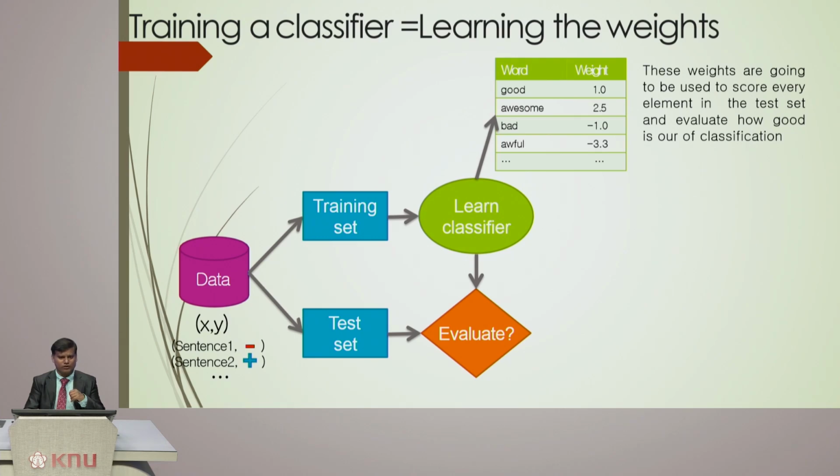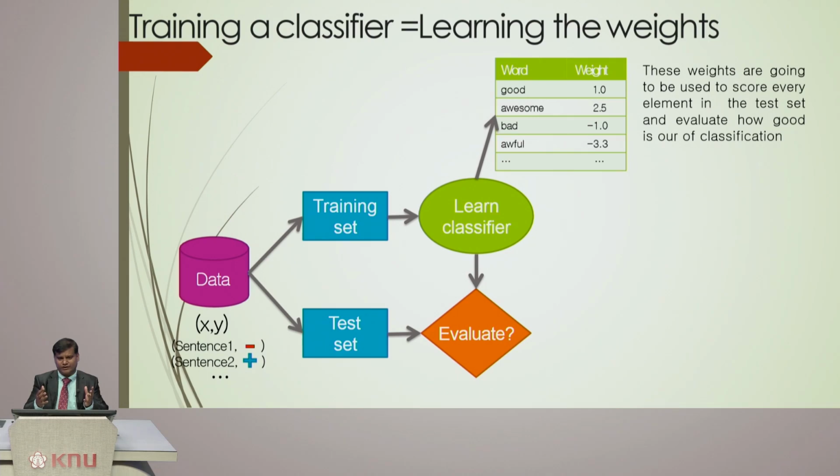Okay, so what we are going to do here is train our classifier. For example, if you have 100 reviews, I am going to use 80 reviews as the training set, and with this training set I am going to train the classifier.